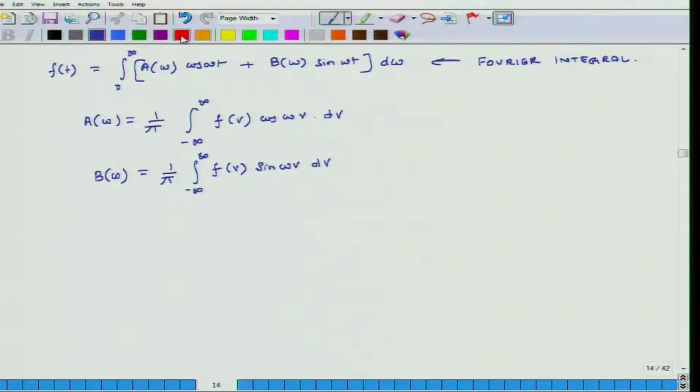So let's number these equations: this is equation 1, this is equation 2, this is equation 3.